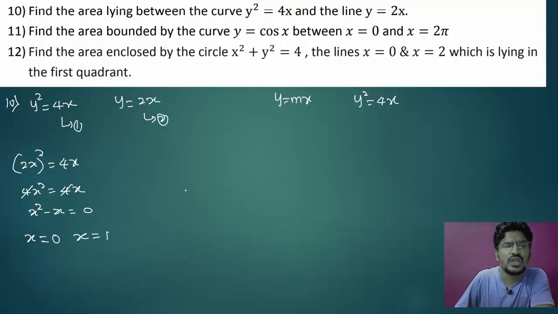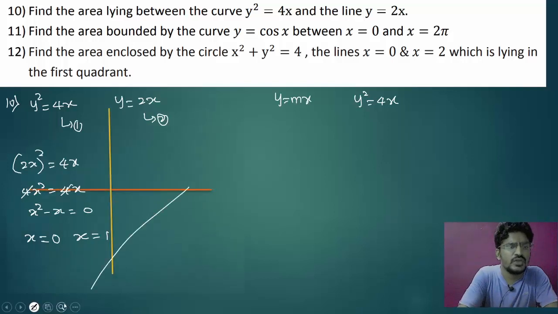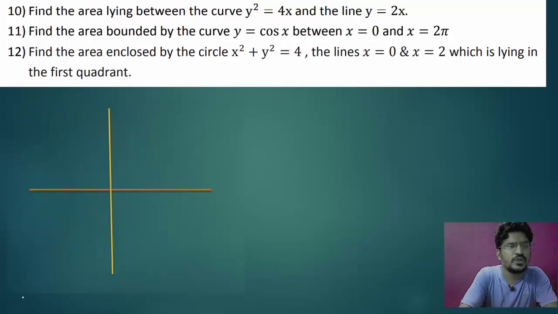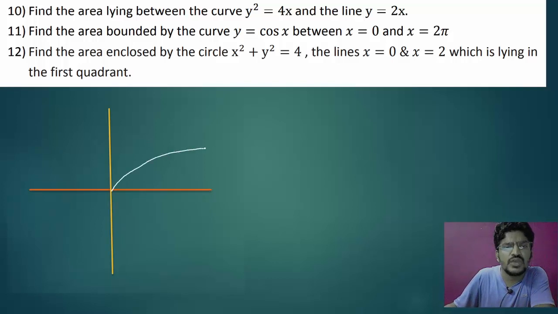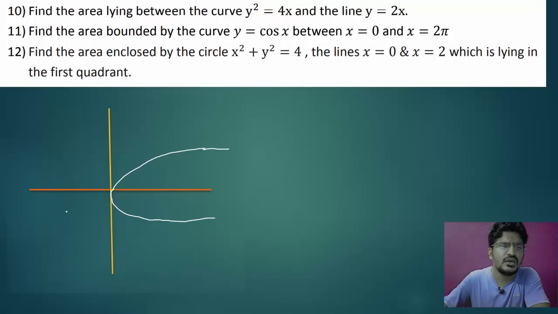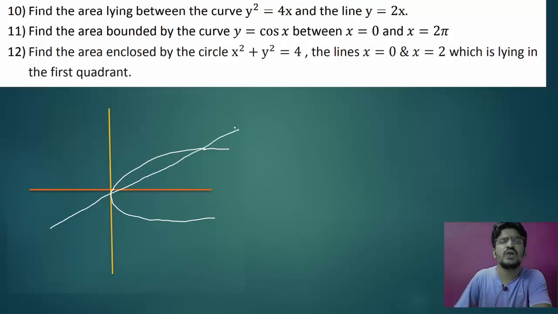Okay, so now, the graph only we are going to write, I will remove all this because it will be a disturbance for you. So now, this is the curve y square equal to 4x, and there is a line passing through the origin, and you have to find the area lying in between the curves.